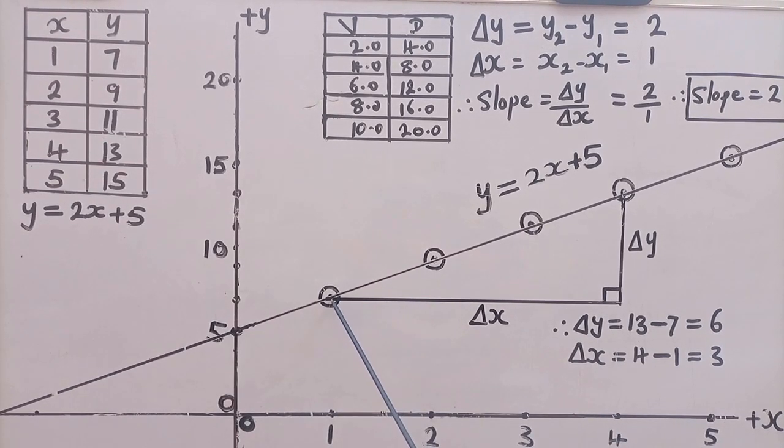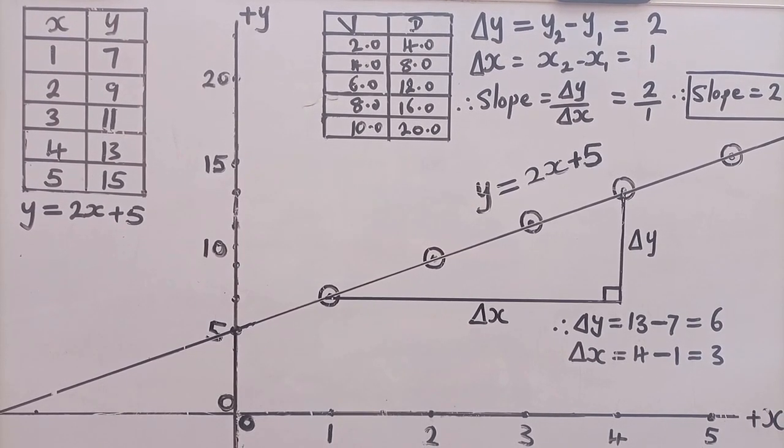And this also, when extended down here, whichever value of x it meets is called x1. Because of that, our x2 is 4 and our x1 is 1. That is why the change in x is equal to 4 minus 1, and that is equal to 3.